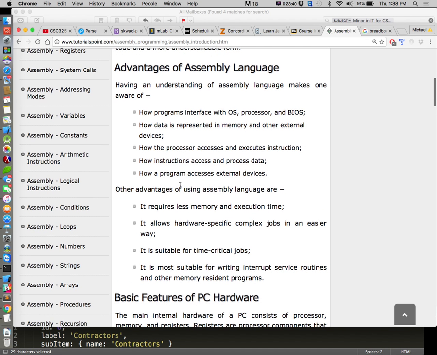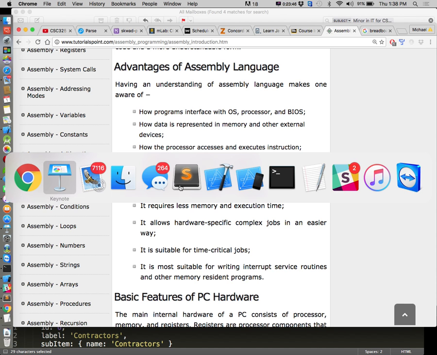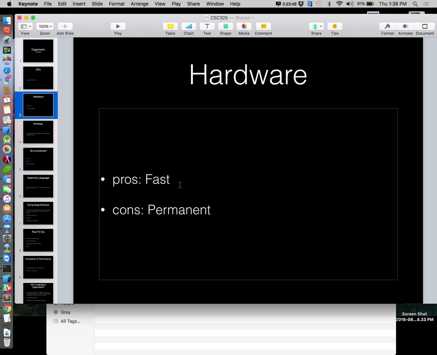As you read through this assembly language material, why write something in assembly language? You guys are already working in Java and stuff like that. Go ahead. Takes less memory. Okay, why does it take less memory? It goes to ones and zeros, takes up less space. Okay. When you write something in Java, doesn't it ultimately turn into assembly language at a point?